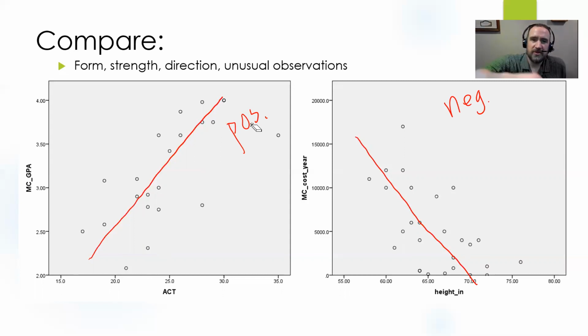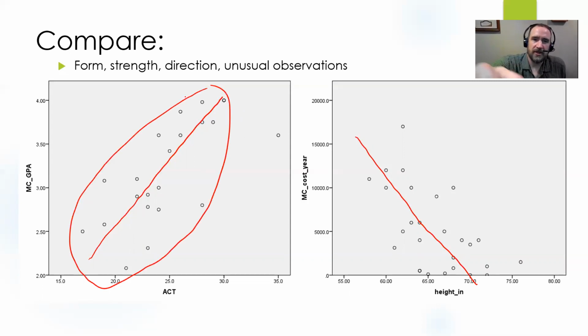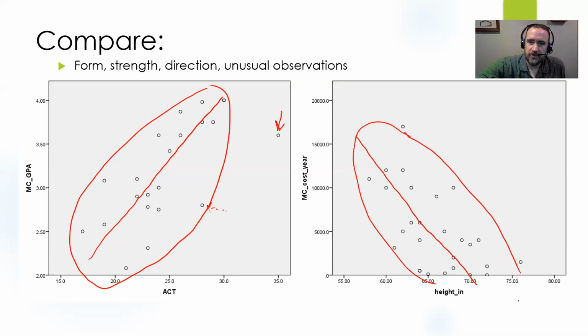Lastly, unusual observations. And you might have noticed when I drew my oval around here, there's at least one unusual observation on this one. This guy here is also a kind of borderline, maybe an unusual observation, maybe not. Over here, similarly, we probably have a borderline, one or two, where these guys here might be borderline unusual observations.